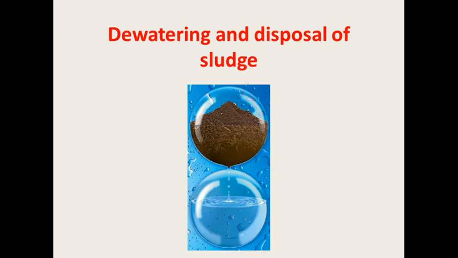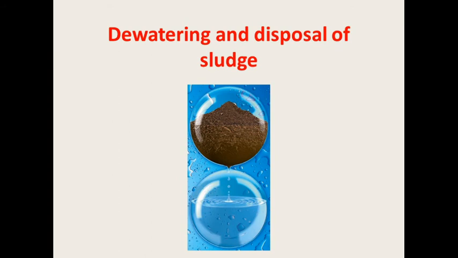Okay, so the next is sludge treatment. What are the different treatments used for the treatment of sludge? As we discussed earlier, conditioning is one of the treatments, in which we can use chemical and thermal treatment. In the thermal process we can do hydrolysis, and in the chemical process we can use lime addition.